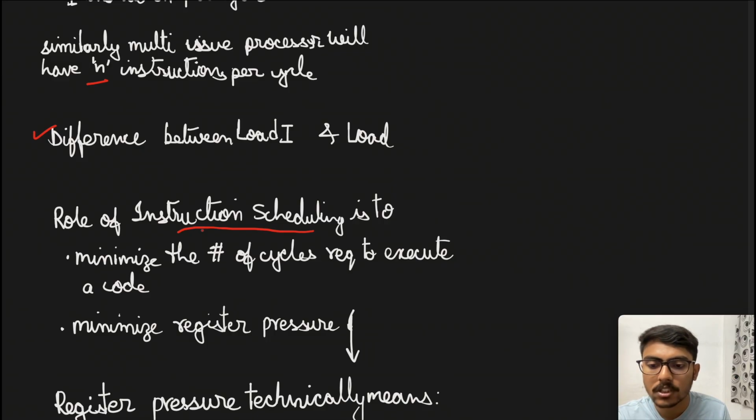If instruction scheduling were not there, the code written by the programmer might be too slow or too inefficient for the processor, and it may take longer. And if the code is quite large, it may even crash the system. So in order to minimize the number of cycles required to execute code, we have instruction scheduling.